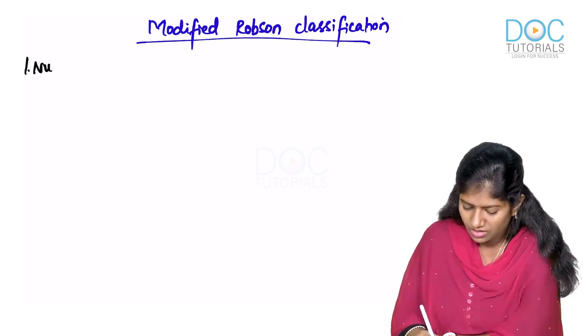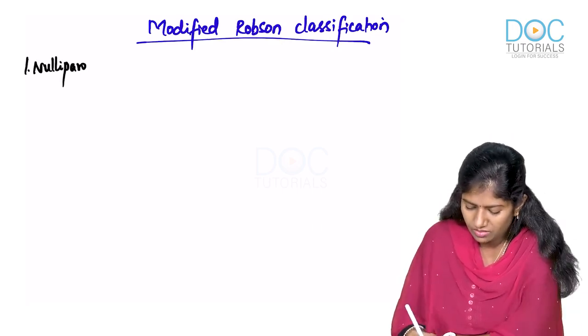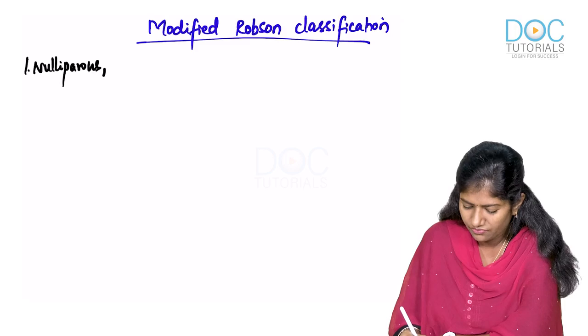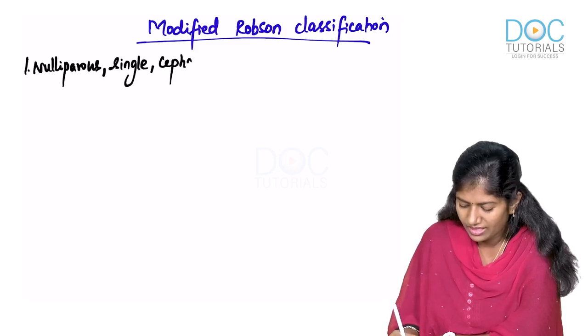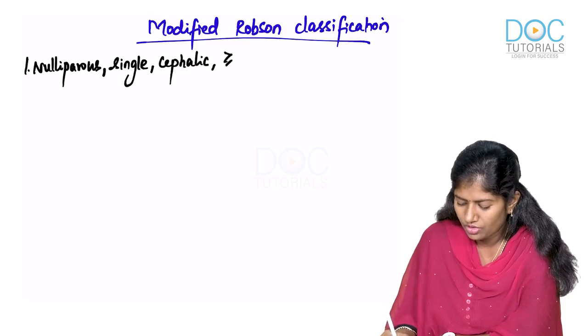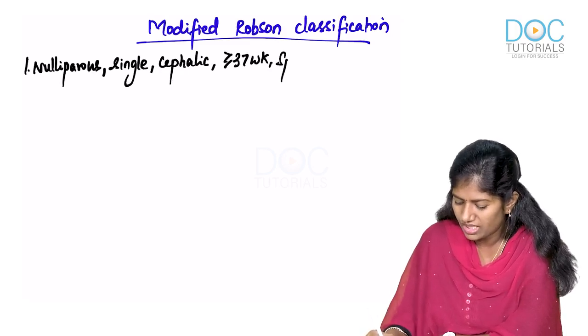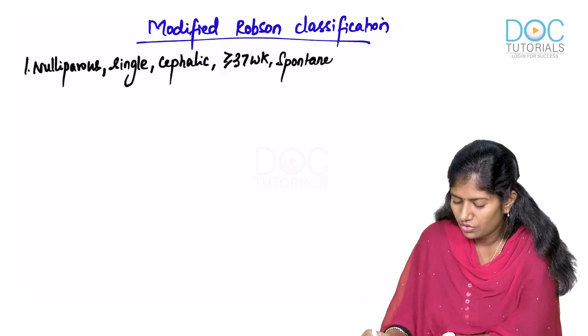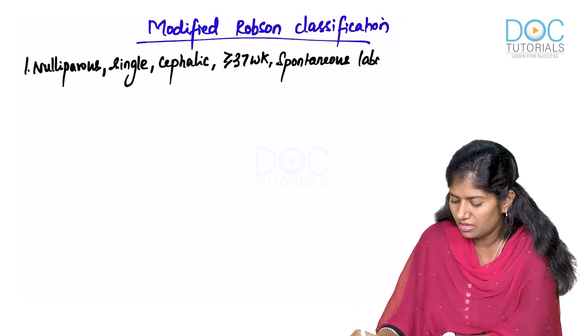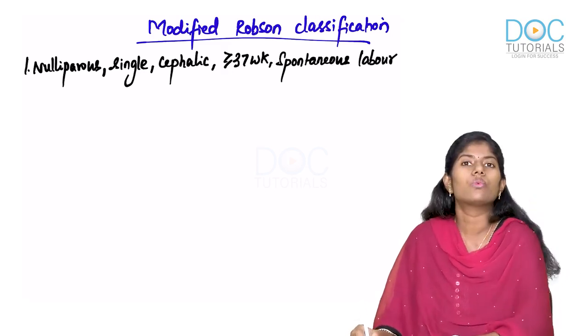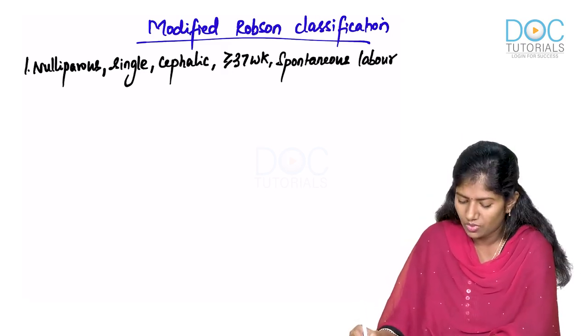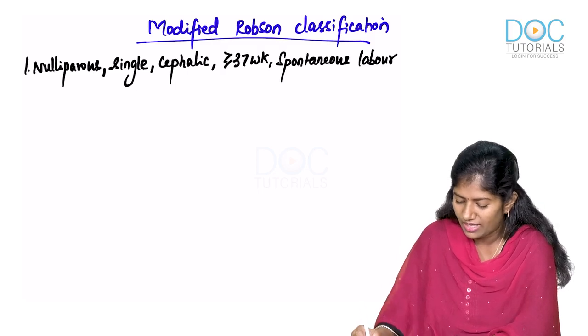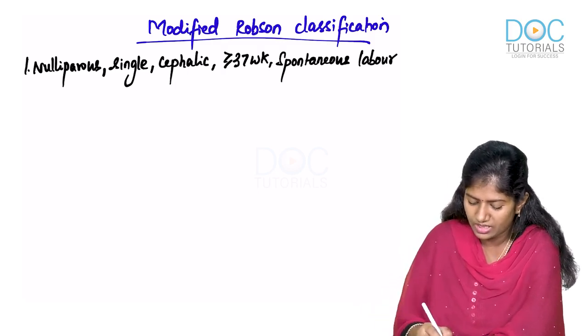Class 1 is nulliparous, single cephalic, more than or equal to 37 weeks with spontaneous labor. Okay. You do a cesarean section for such a patient, it comes under Robson's classification 1. Robson classification 1. What is it? Nulliparous, single cephalic, more than 37 weeks with spontaneous labor.